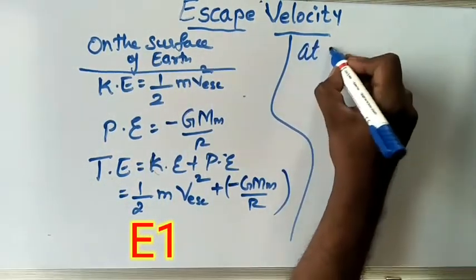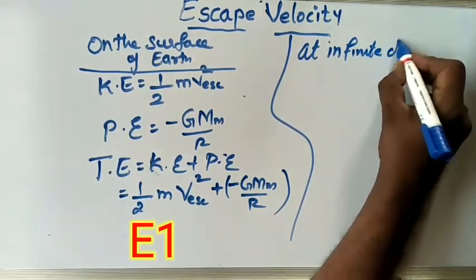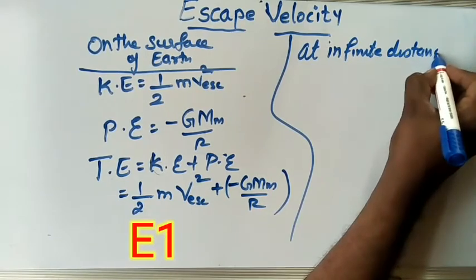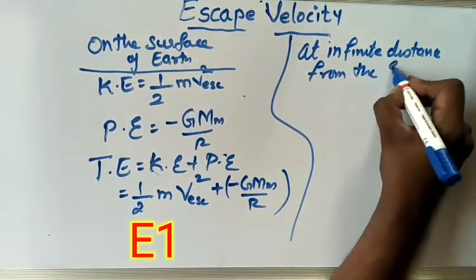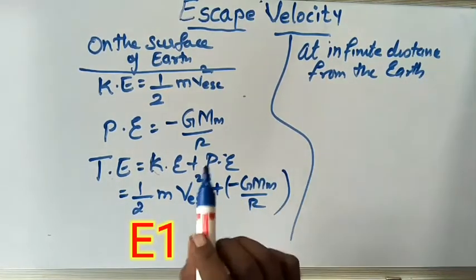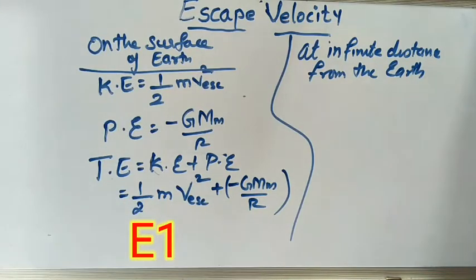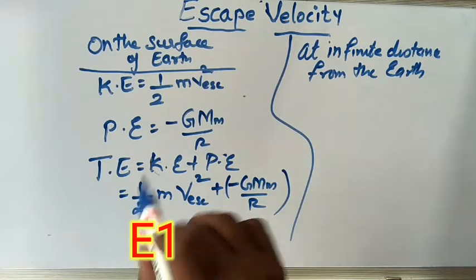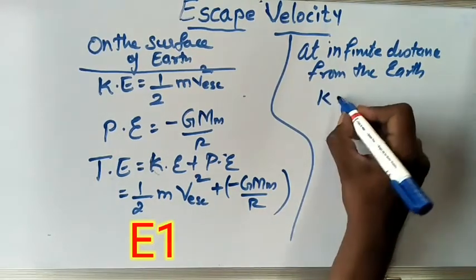Now let us take at infinite distance from the earth. What do you mean by infinite distance from the earth? If you take a distance very far from the surface of the earth, we call it infinite distance. There is no gravity.